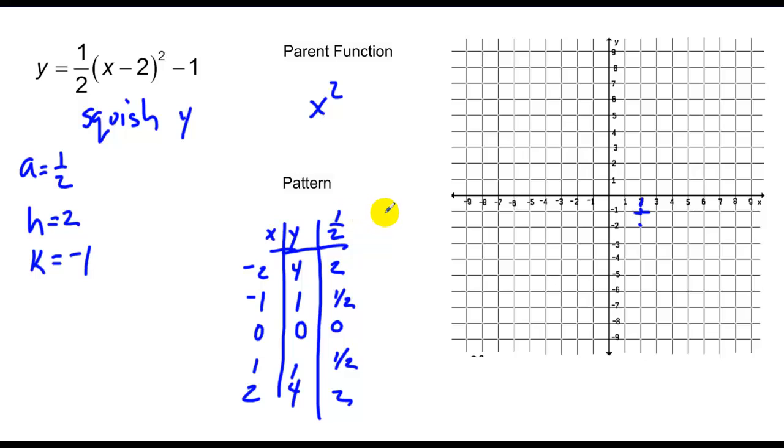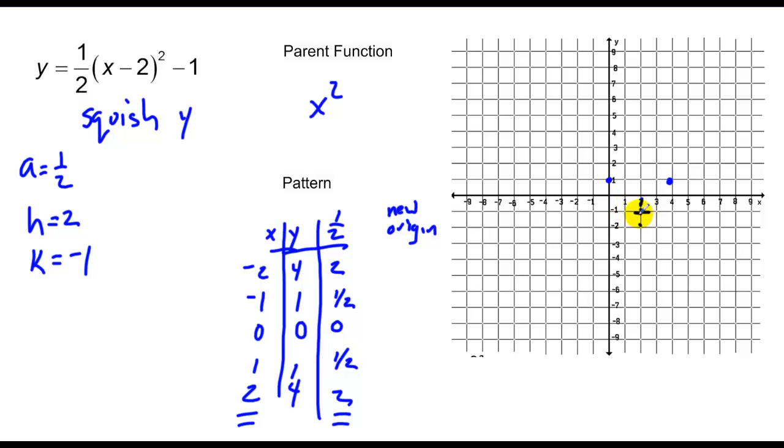Put my little hash mark for my new origin. And I'm going to use this pattern now to graph x's and y's from the new origin. So if I go over 2 in the negative direction and up 2, I should get to a point. Over 2, up 2.